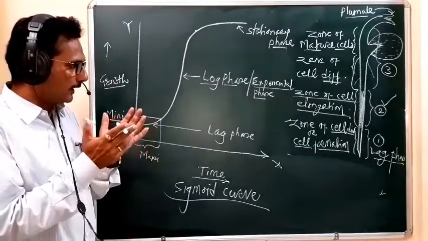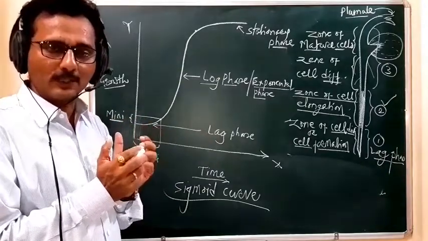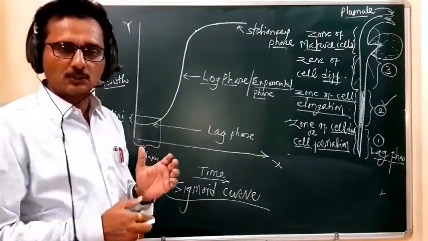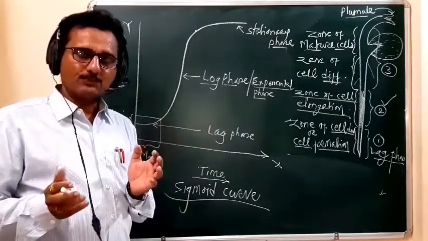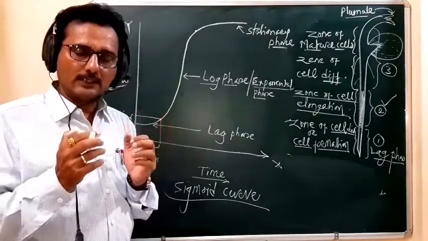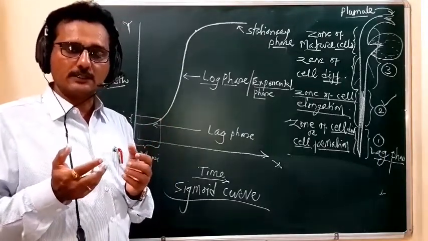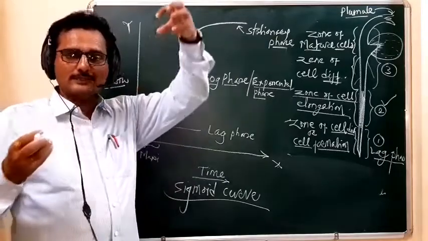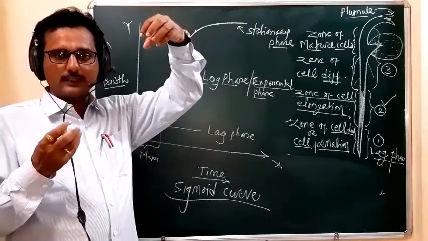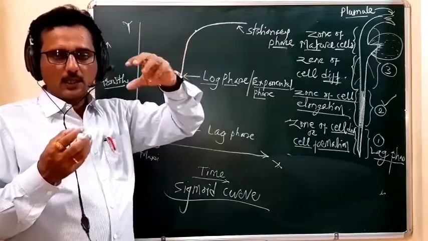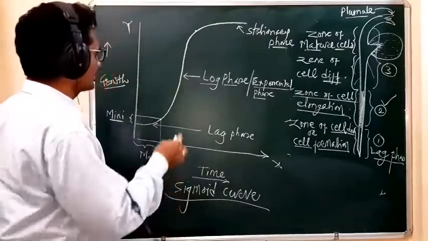Because of the accumulation of granular protoplasm, the cell shows endosmosis, becomes turgid, develops a vacuole inside, and there is also an addition of cellulosic material. What happens? The cell gets elongated. Because of the cell elongation, that plant part shows the maximum growth.